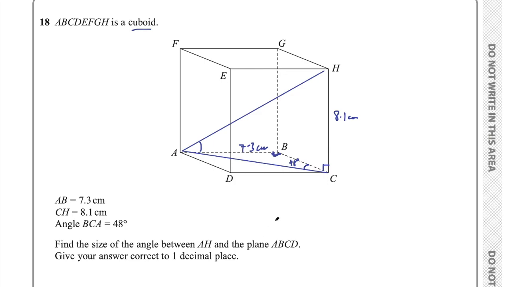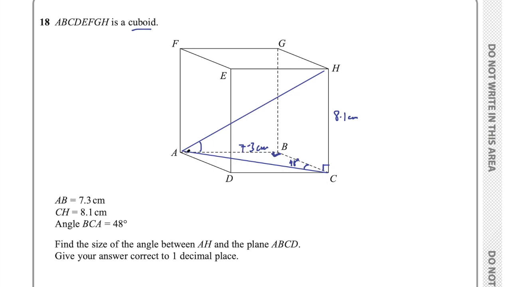So the first thing I'm looking for is the length of AC. That's going to help me to find this angle, because as long as I can find another length on this triangle AHC, then I can use trigonometry to find that angle, because we already know one side of the triangle, 8.1. And I can do that, as I said, using trigonometry.